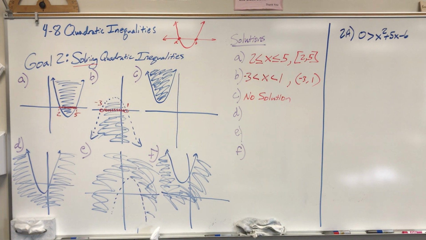Okay, situation D. This time I put the graph on the outside of the parabola. Again, we have 2 points that are crossing. Let's say this is -2 and 0.5. Everything outside of the parabola is shaded. So that means all your solutions are outside the -2 and 0.5.